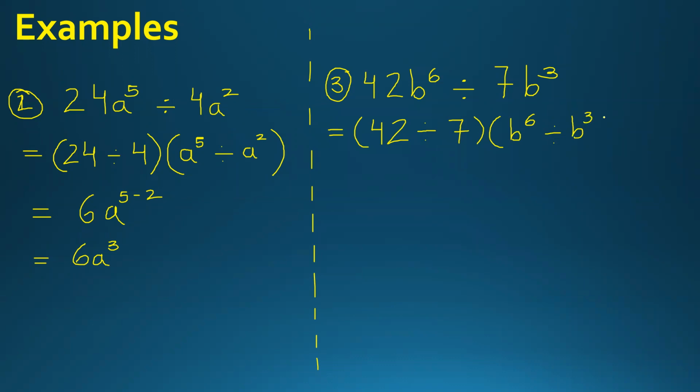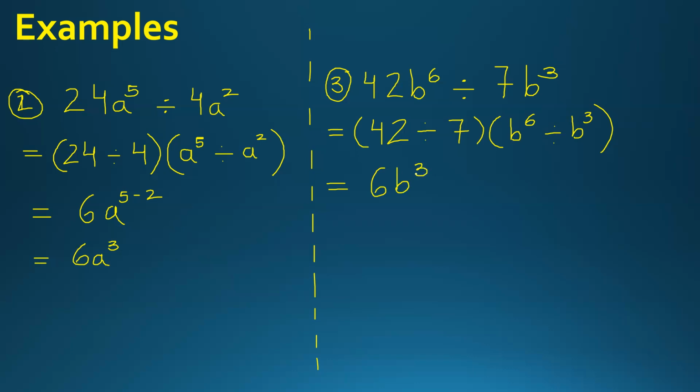So, Alasia Thomas, what is 42 divided by 7? 6. That's correct, 6. And what is b to the 6 divided by b to the 3? 3. Very good, 3.